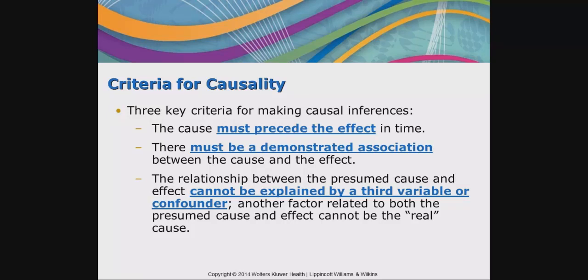For example, a causal study examines the effect of a specific pre-op education program on length of stay. Well, we know there are many factors that affect length of stay.